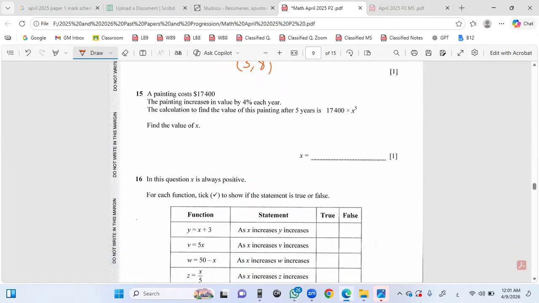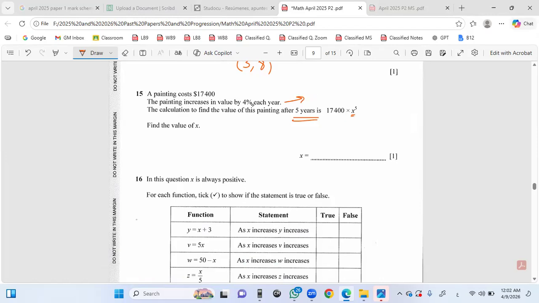A painting costs $17,400. The painting increases in value by 4% each year. The calculation to find the value of this painting after 5 years is 17,400 times x to the power of 5, because it's after 5 years. We all should know that here they wanted the multiplier.